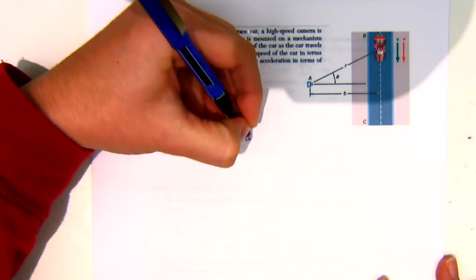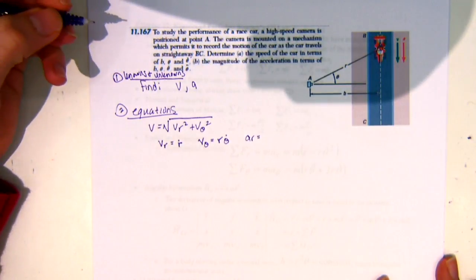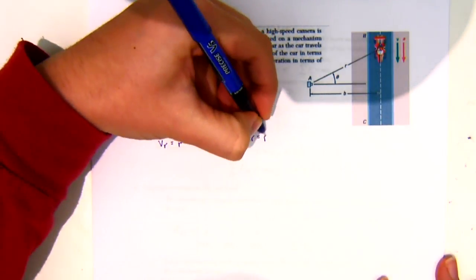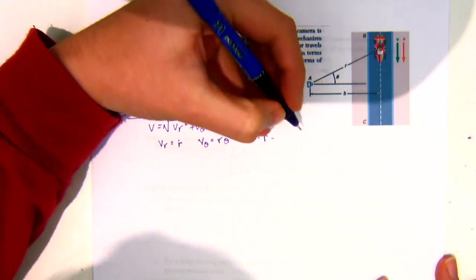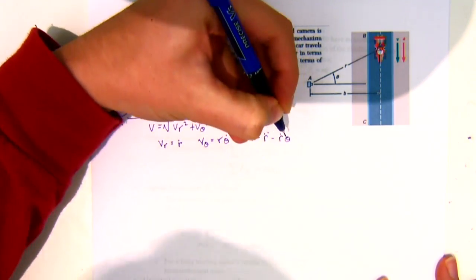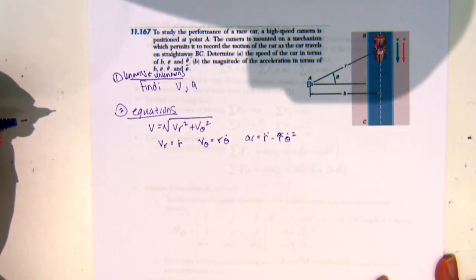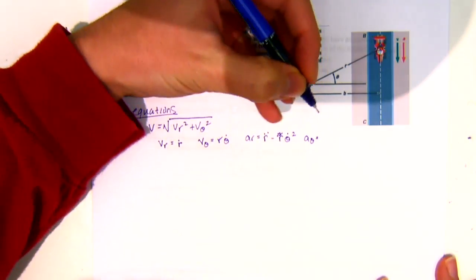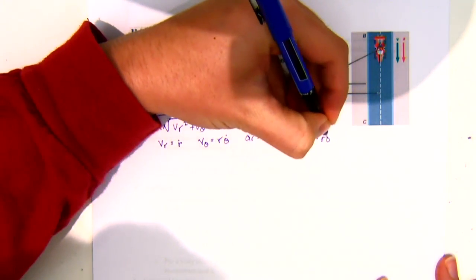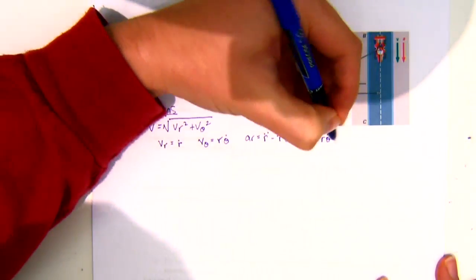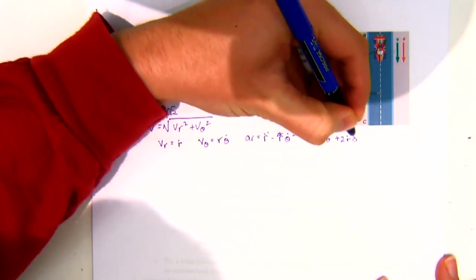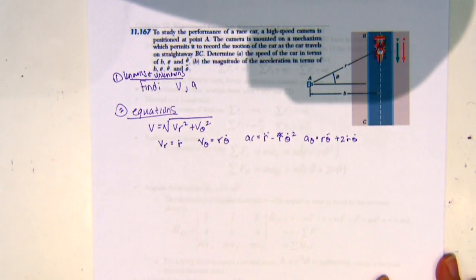AR, the radial acceleration, is equal to R double dot minus R theta dot squared. And then A theta is equal to R theta double dot plus 2 R dot theta dot.